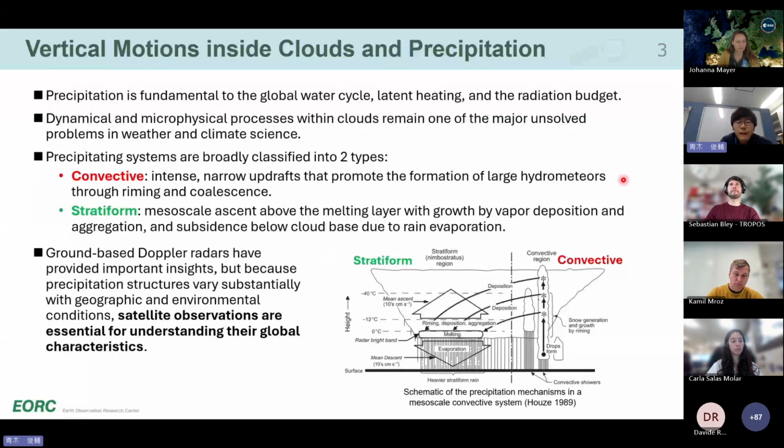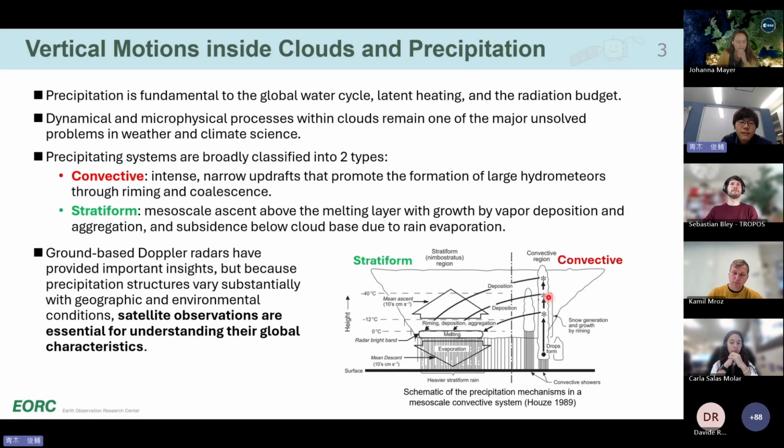So first of all, I'd like to introduce particle motion inside cloud and precipitation. Precipitation is important in the global water cycle and related to the heating and radiation budget. Its dynamic and microphysical processes within clouds remain one of the major unsolved problems. Precipitation systems are broadly classified into convective and stratiform systems.